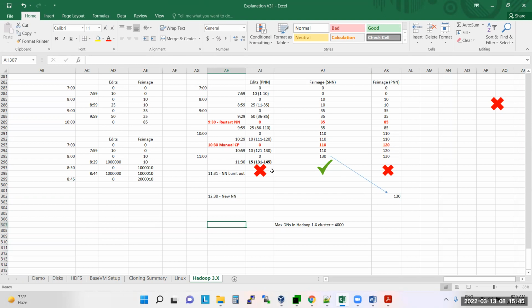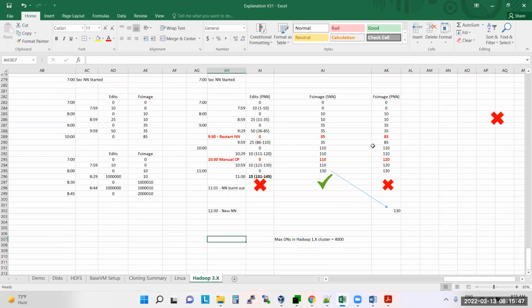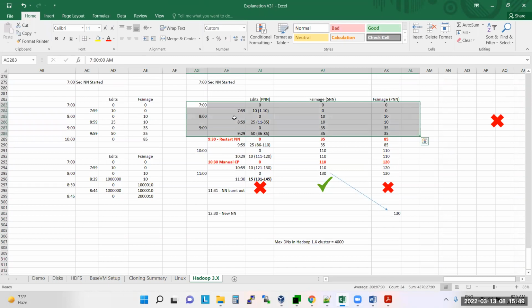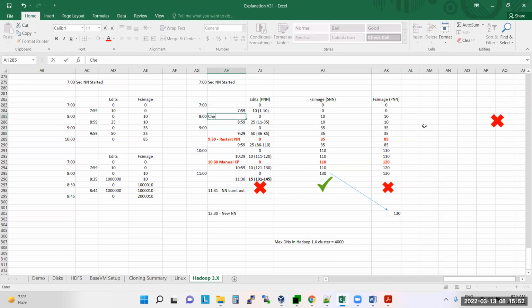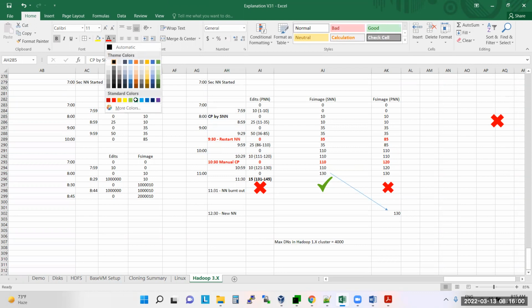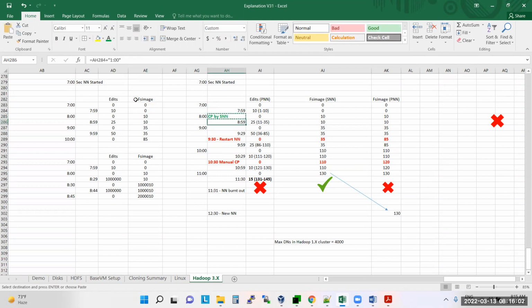Understood? So I have explained the regular checkpoint, which is the checkpoint by the secondary name node. No problem. Whatever is here, it will push to the primary name node also.